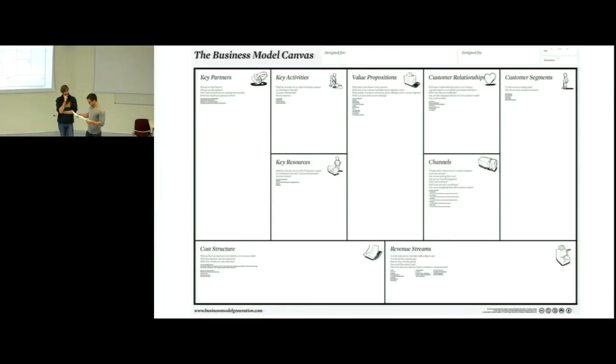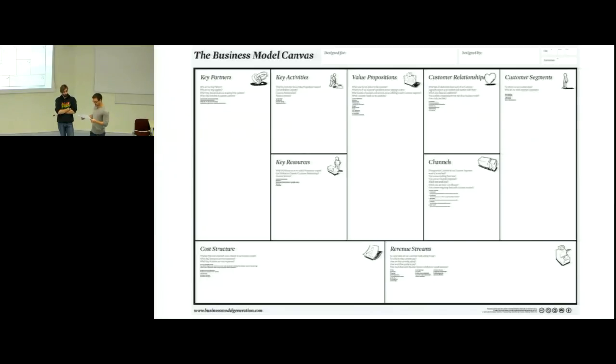Okay. The revenue streams could be coffee and brand accessories. What else? Customer relationships, soothing music, good coffee, and nice environment. Yes.